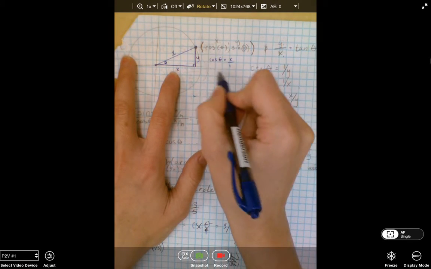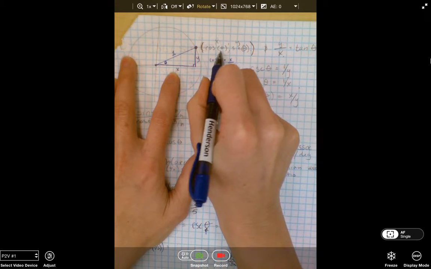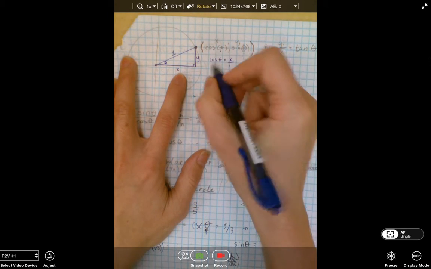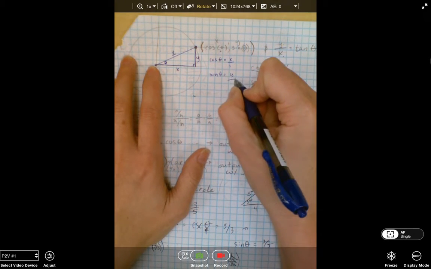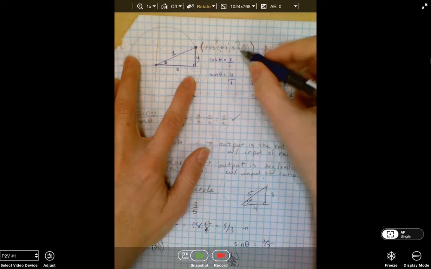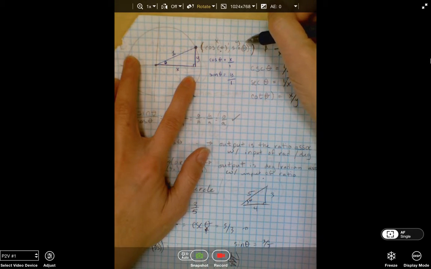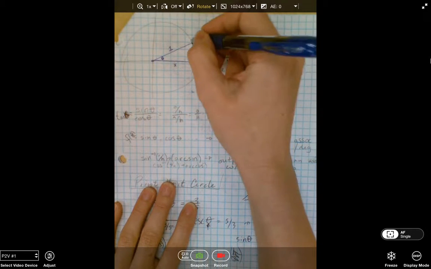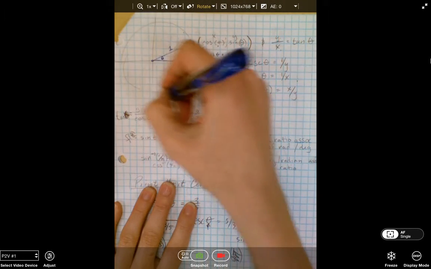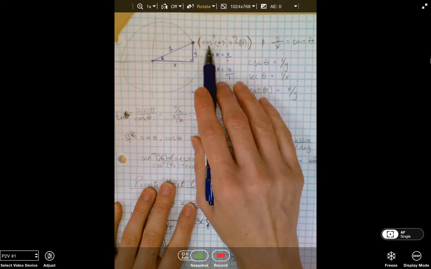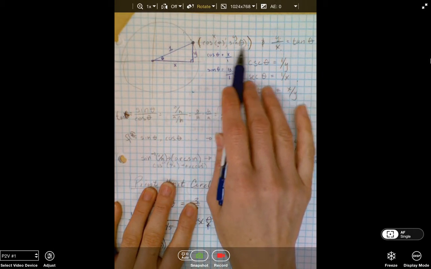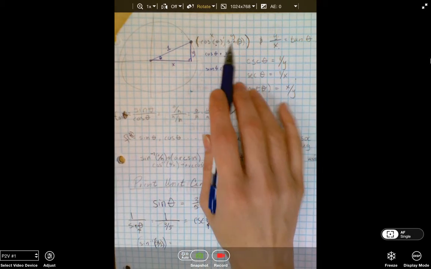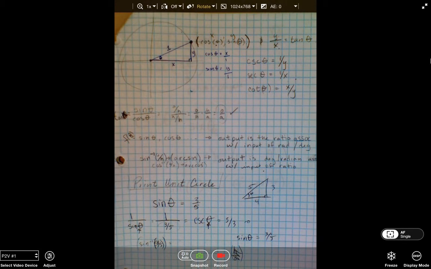So you could say that the cosine of theta is equivalent to x. You can rewrite the same thing. The sine of theta is going to be y over 1. So you could simplify this and say that the sine of theta will always be y. That's the unit circle. So every point around the unit circle is representative of some point xy, and each one of those points is representative of cosine of theta, sine of theta.